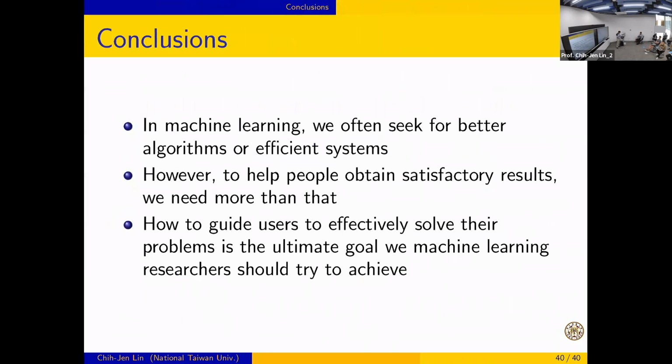So in machine learning, we often search for better algorithms or efficient systems. Well, that's true. Yeah, we want those things. But if you are a package designer, to help people obtain satisfactory results, then actually we need more than that. You need to consider many other aspects.